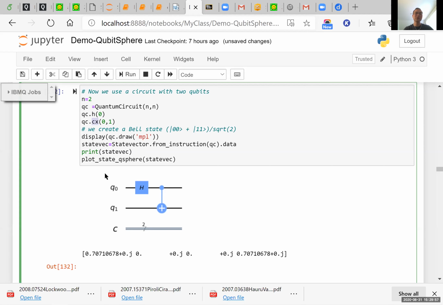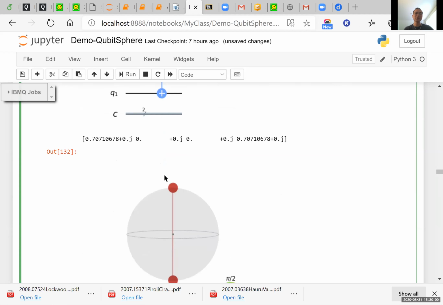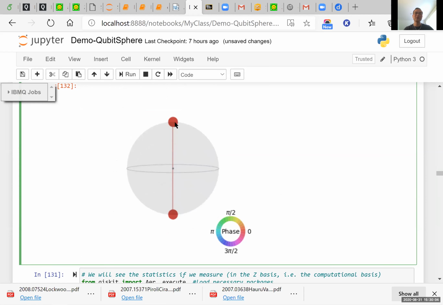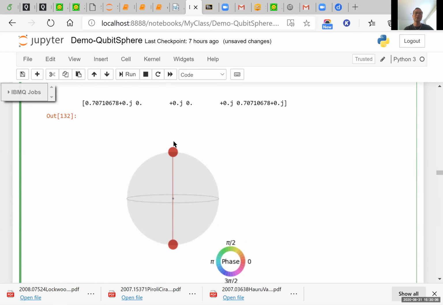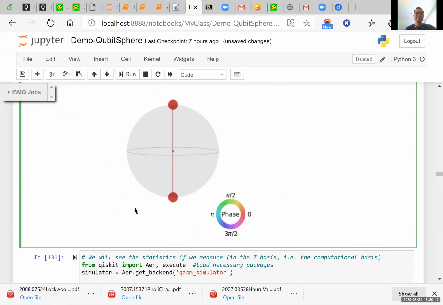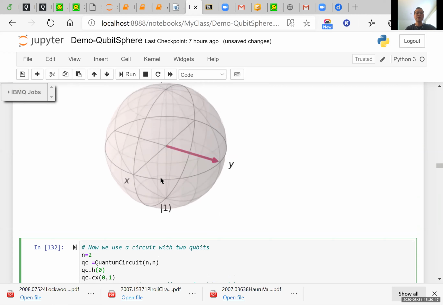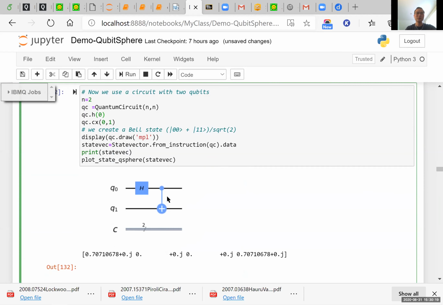I draw this and I can plot the state vector. It's similar to the plot state, because now the north pole here is 0, 0 and the south pole is 1, 1. So that's the feature of the Qsphere. But I cannot draw this using the Bloch sphere because it's only one qubit.